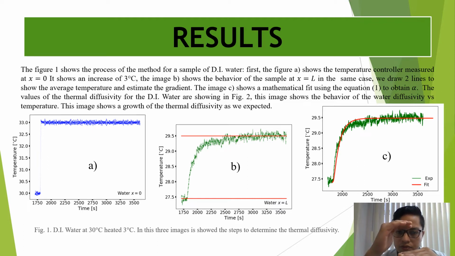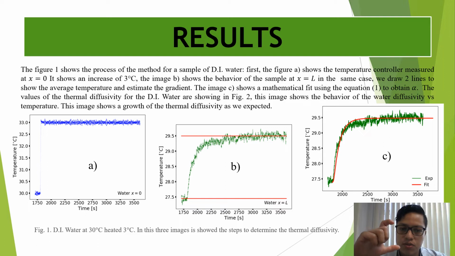It's a difference of approximately 2 degrees. Then we draw two straight lines to estimate the average of these temperatures at the top, at the initial temperature and at the ending temperature.